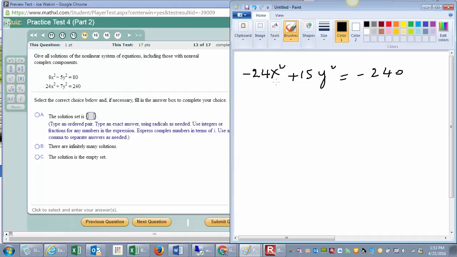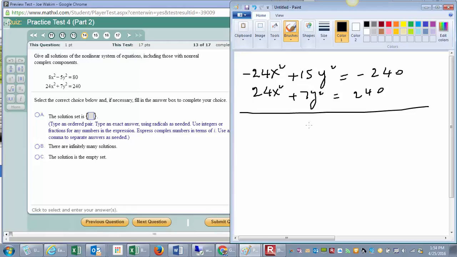Negative 3 times negative 5, plus 15y squared. And negative 3 times 80 is minus 240. Here we have 24x squared plus 7y squared equals 240. If you do the math, the x terms cancel. So 15 plus 7 is 22y squared equals 0, so y equals 0. That's nice. If y equals 0, then 8x squared equals 80.